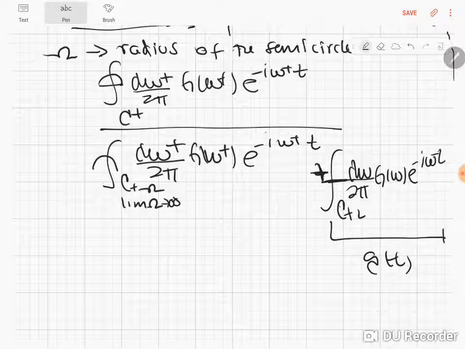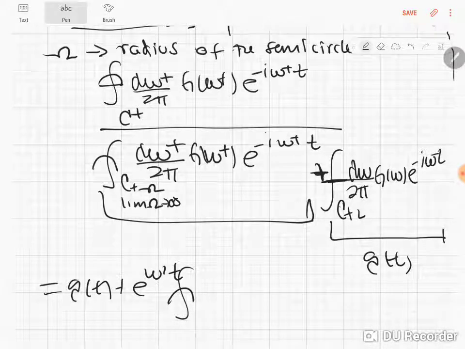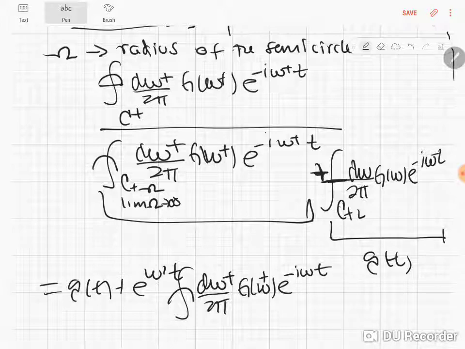In that case, this is equal to g of t plus the integral that we have here, and we know that integral is the integral on that contour of d omega plus divided by 2 pi, g of omega plus, e to the minus i omega t, okay?